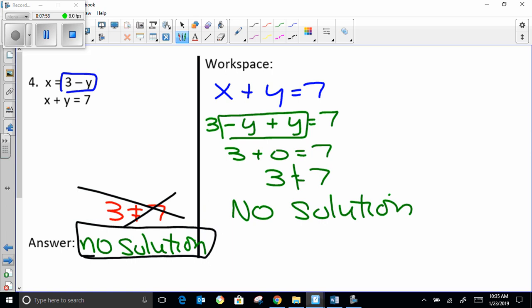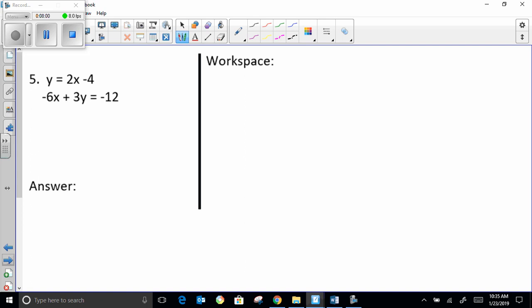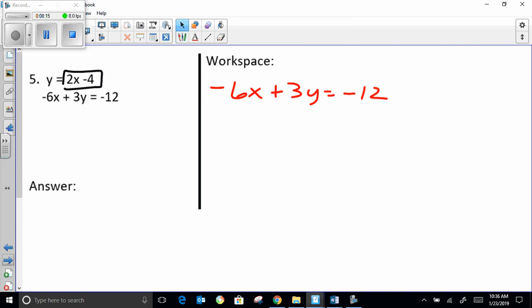Okay, let's turn over to the back and look at number 5. Number 5, y has already been solved for us in the first equation, so that's what I'm going to substitute. I have negative 6x plus 3y is equal to negative 12. And instead of using y, I'm going to substitute what y is equal to.